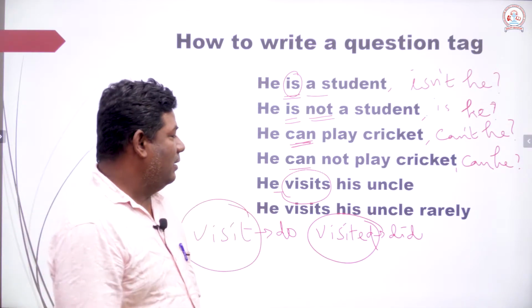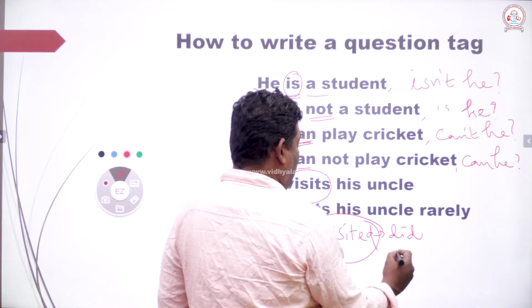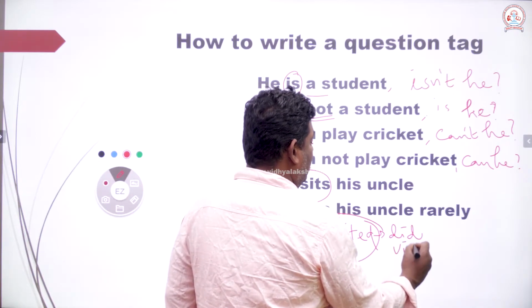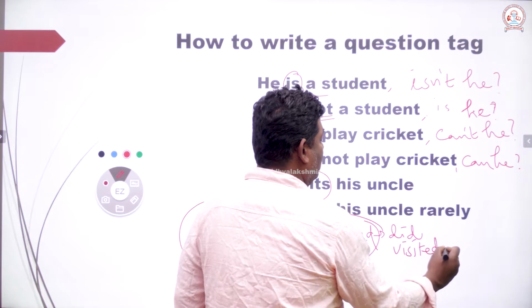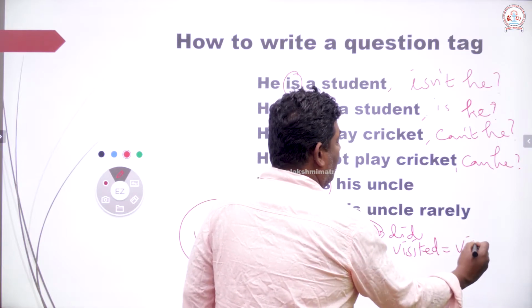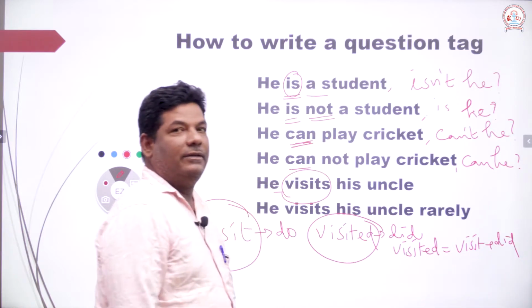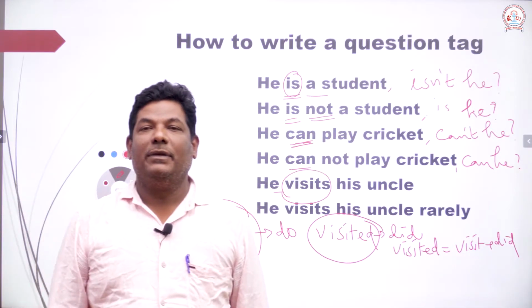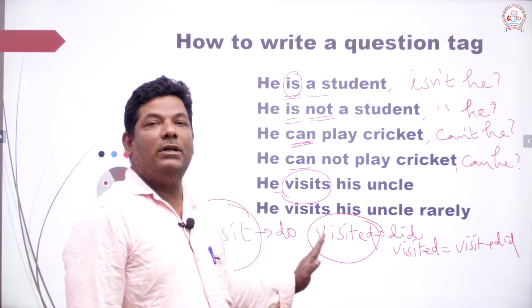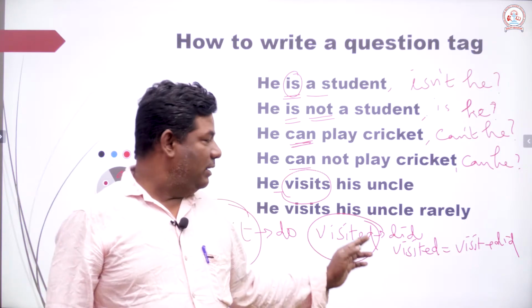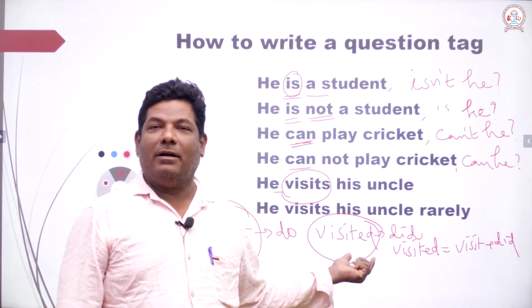Okay. Then because visited is equal to visit plus did or did plus visit, that is the meaning. So, when you see the past tense of any verb, did is the auxiliary verb hidden there, do not forget it, right.